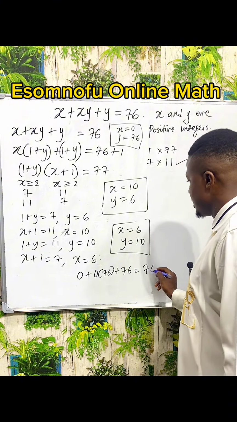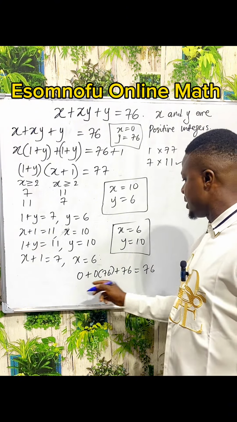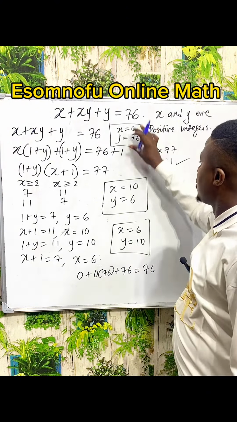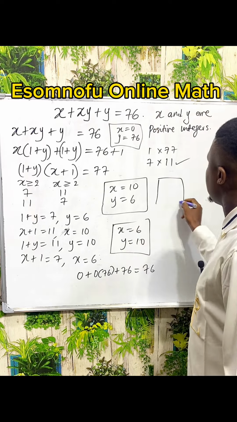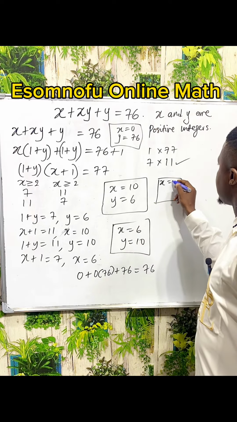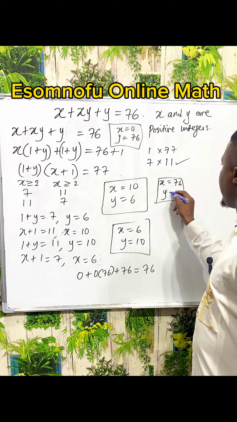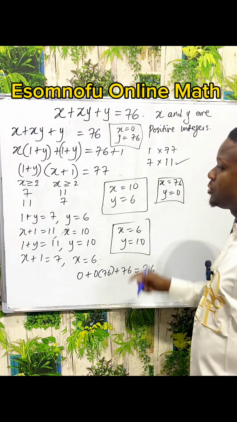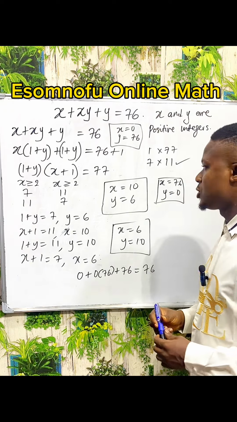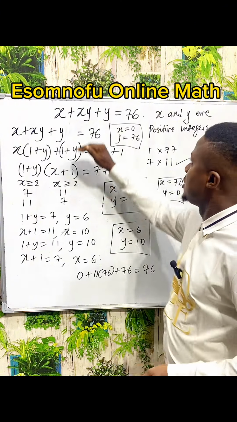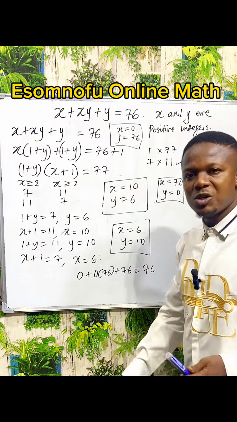Can this give us 76? Yes, because everything here is 0. So this can be a solution. Or another solution can be where x is now 76 and y is 0. If you use this value also, you will get a solution. So these are the possible solutions to this equation.